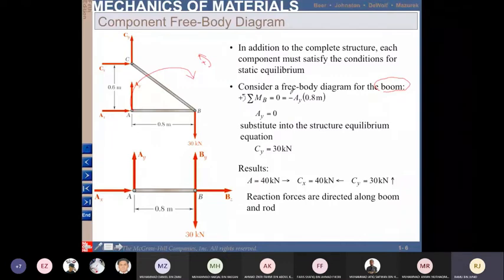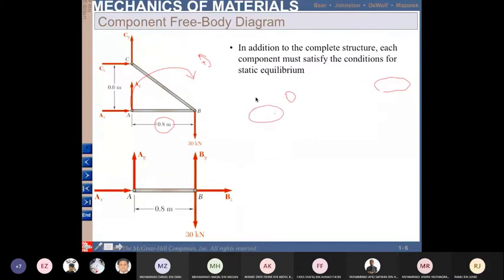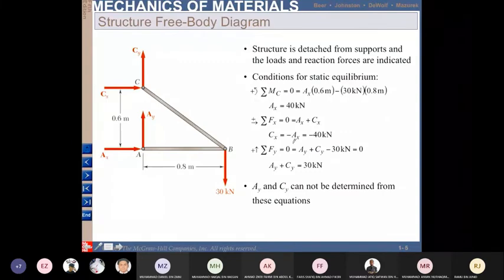Times by 0.8, and then you will get AY equal to 0. You put this in the previous equation, AY equal to 0, and then you will get CY equal to 30 kN.